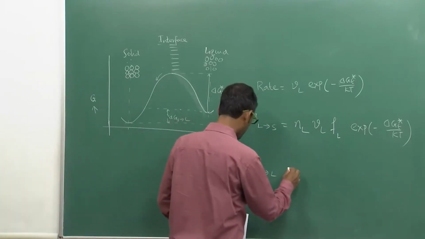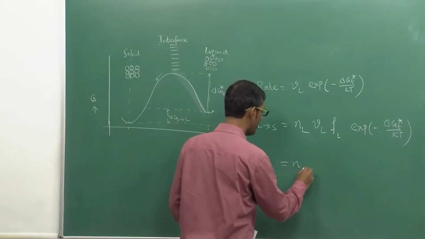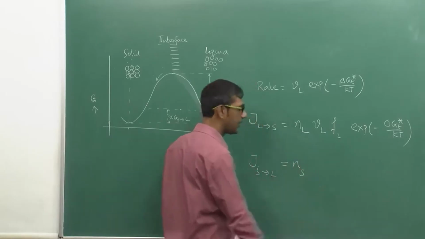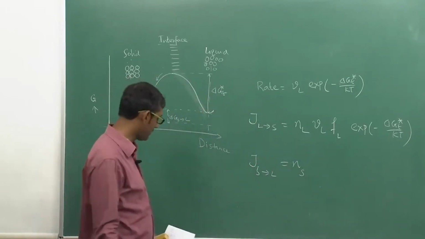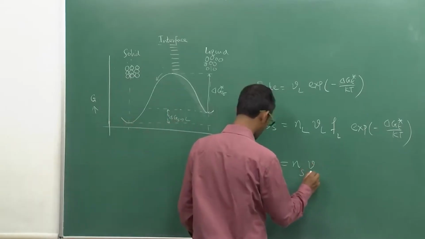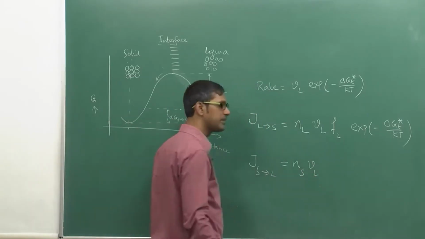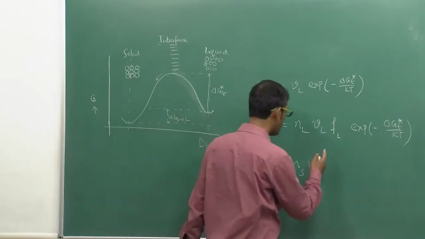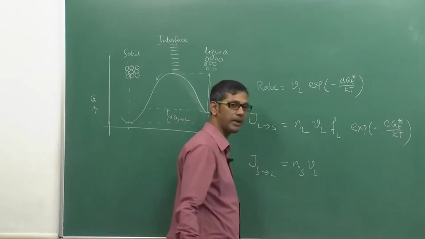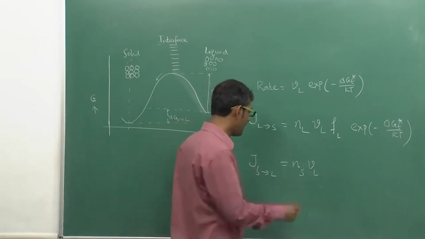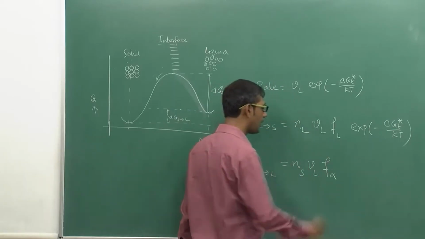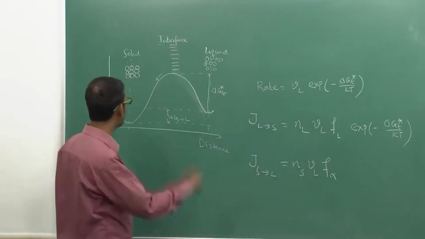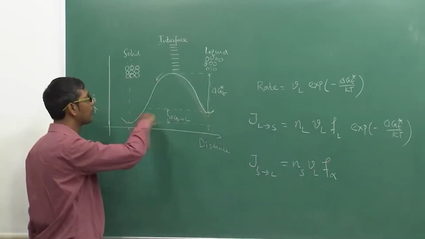For solid to liquid, obviously NL will be substituted by NS, the number of atoms. Again the frequency, you can write it as the solid frequency also, but it does not matter because the frequency of the vibrations remains almost the same. And then not all atoms may be able to go back, because if they have to go back they have to again cross the barrier.